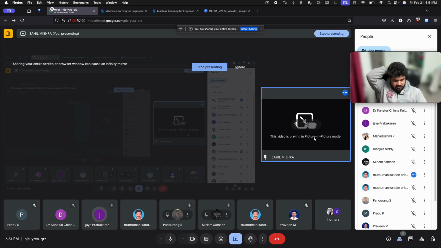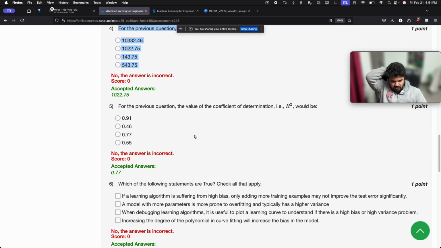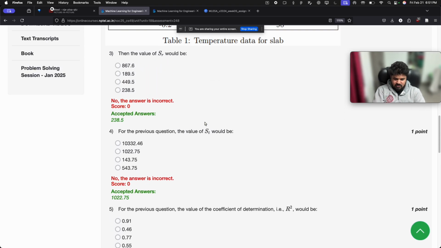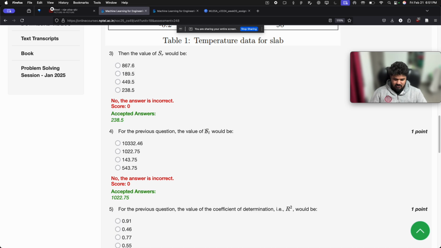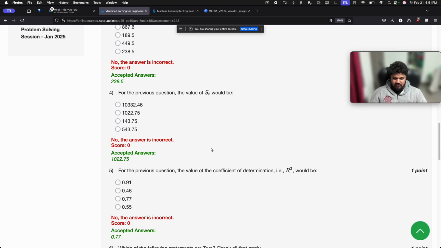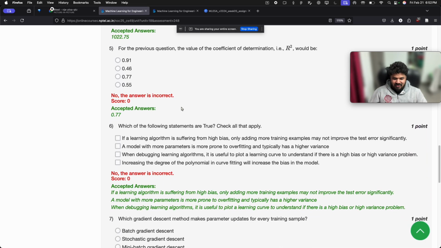Am I audible? Which notation? I didn't get what notation. SSE is the residual error, right? So, the sum of squared residual error. You're still confused by this question. Shall I do it again? Okay. No problem. Question number 6.